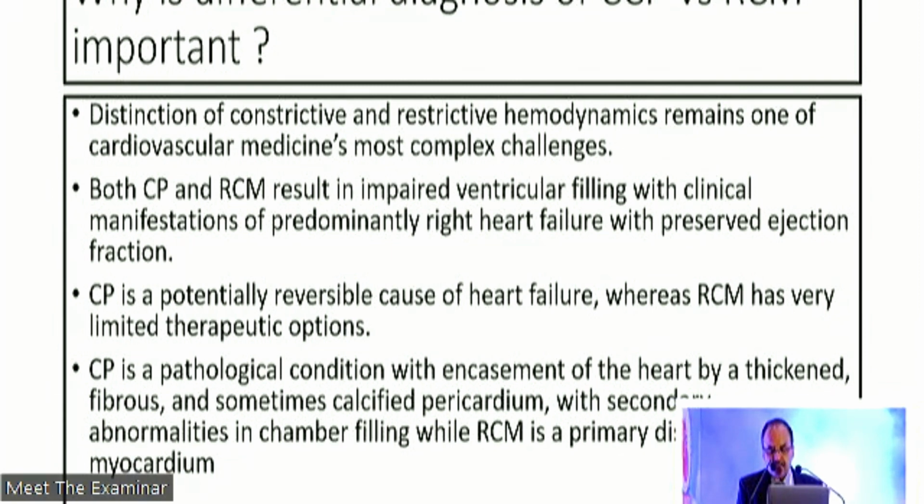And constriction, as we know, is basically encasement of the heart. The pericardium gets thickened; it does not allow the heart to expand. Those of us who like to study cardiovascular physiology understand that tamponade can occur with even 50 to 100 ml of sudden bleeding into the pericardium.